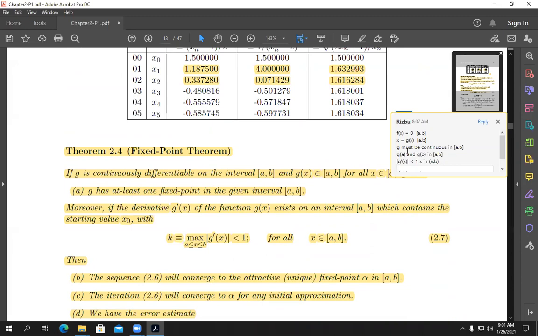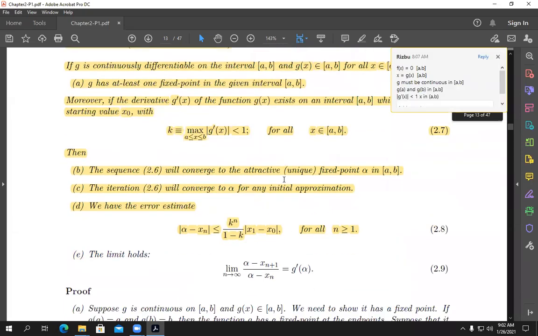So how can we say, which I mentioned to you last time, g must be continuous in the interval, and the value of g at the end points of the interval must lie inside the interval. This means at least one fixed point. And if the absolute value of g dash is less than 1, then it is a 100% guarantee we have a unique fixed point inside the interval. And then you can use the error bound formula.